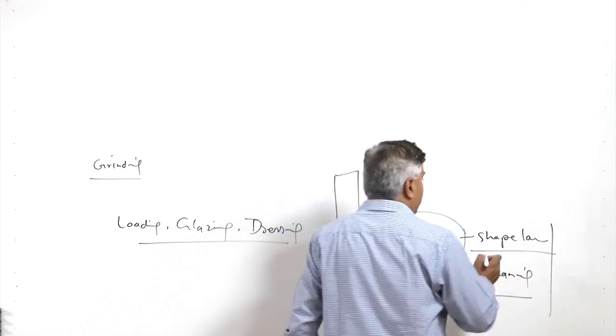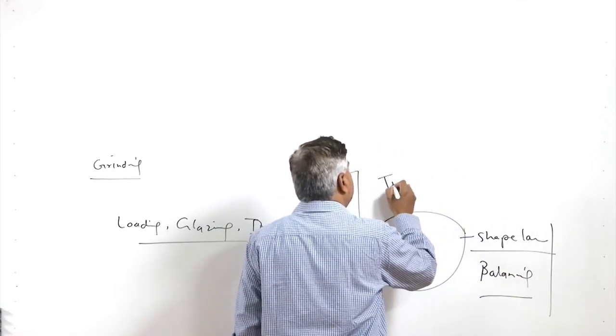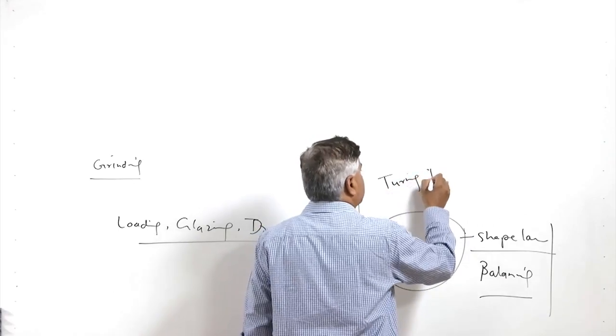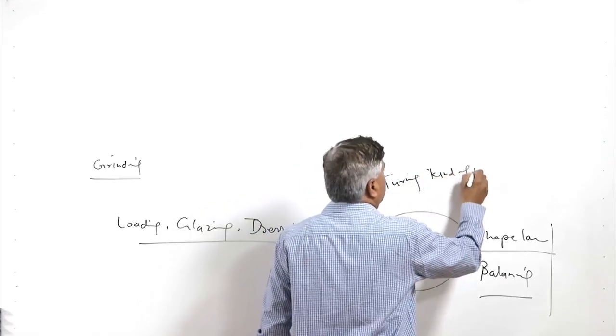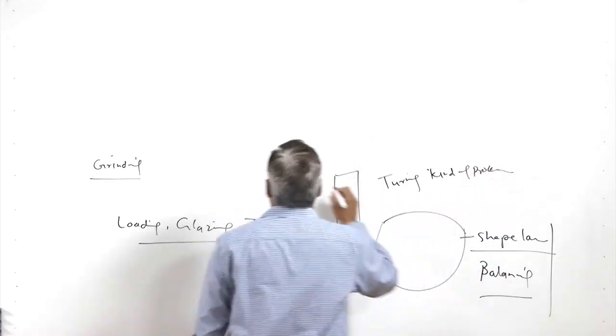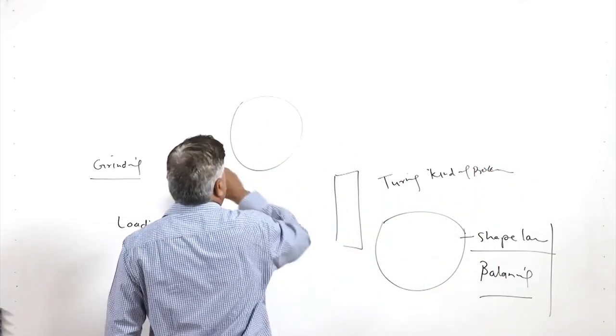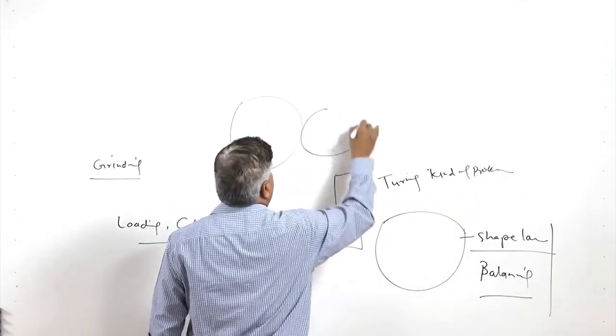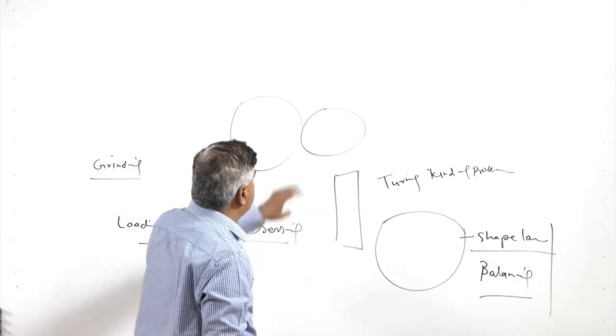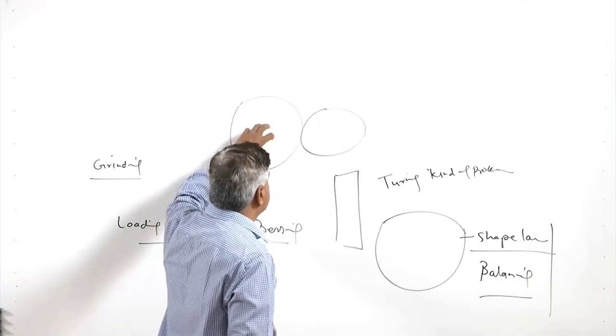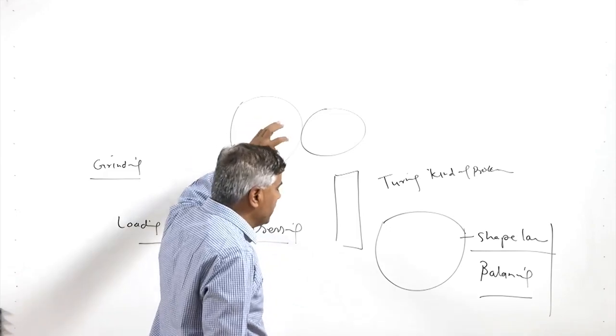So, the balancing of the wheel, due to non-uniform wear as well as loss of shape, both need to be corrected, and for this purpose a turning kind of process is used, where a workpiece is rotated and another grinding wheel is pressed firmly against the grinding wheel which is to be processed.